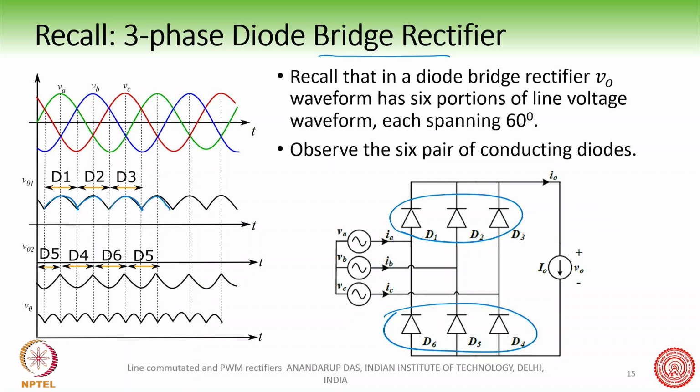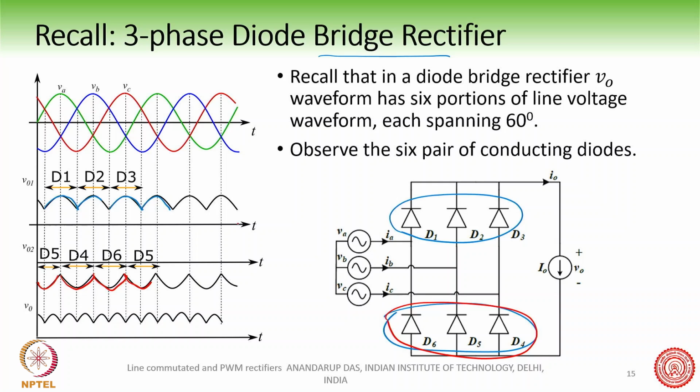On the other hand, the lower diode group will trace the minimum envelope. We have covered this in probably lecture 2 or lecture 3, somewhere there.